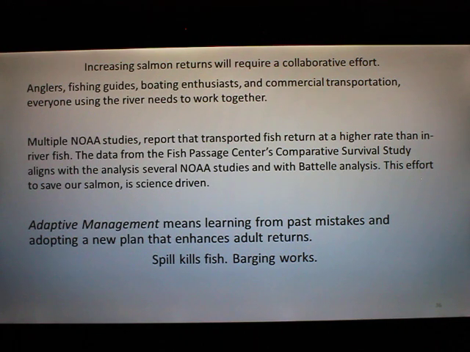The data from the Fish Passage Center's Comparative Survival Study aligns with the analysis from these several NOAA studies and with the Battelle analysis. This effort to save our salmon is science-driven. Adaptive management means learning from past mistakes and adopting a new plan that enhances adult returns. Spill kills fish. Barging works.